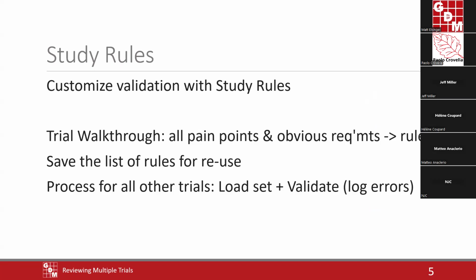So study rules is the way to really have ARM learn what matters in a particular trial. Bring in your business rules, bring in your requirements of this type of research into the trial itself. And then ARM can include that in its automation.